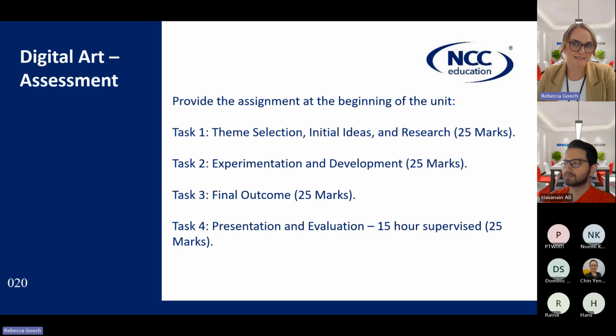And really look at the idea generation process, making sure they have a clear understanding of how to begin that, and focus on that as well. Task 2 is experimentation and development, guiding students in the variety of digital tools and techniques and really encouraging them to reflect on it, either at the end of each session, built into the sessions, or taken away as homework or an extension task and brought to the next lesson.